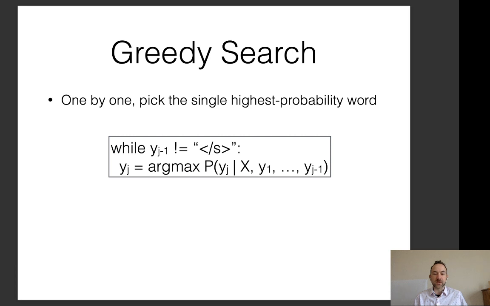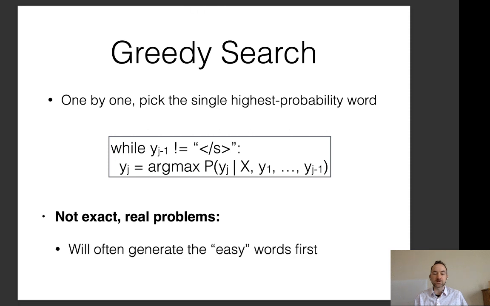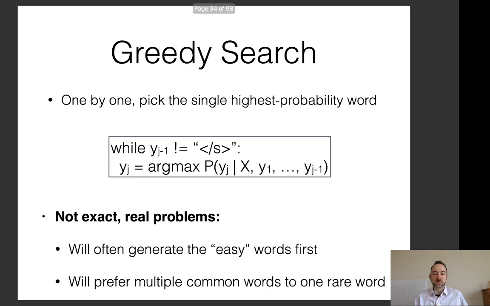This gives us the highest probability output at each time step. However, it's important to know that this is not an exact search algorithm, and it can cause real problems in your outputs. It will often generate the easy words first, or will prefer multiple common words to one rare word.